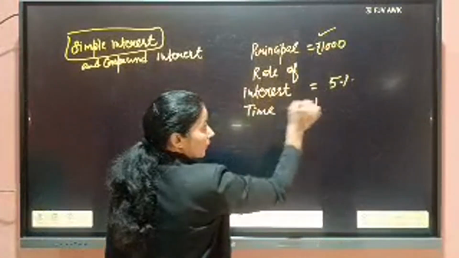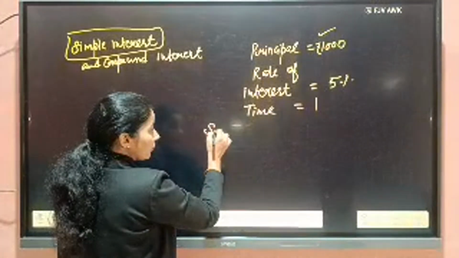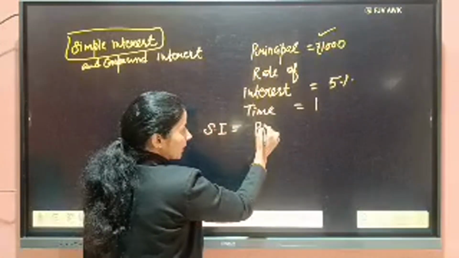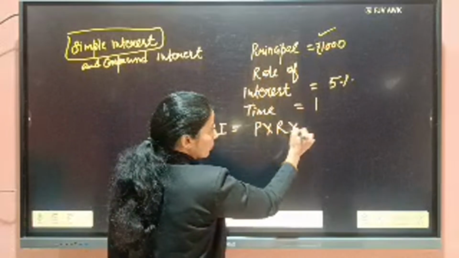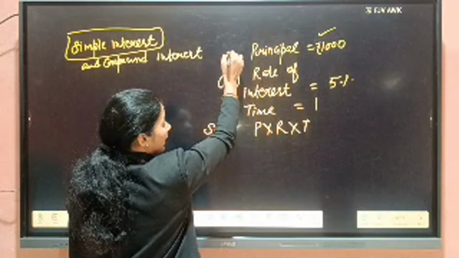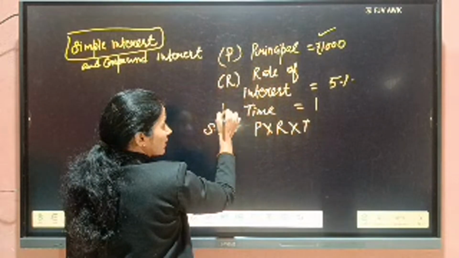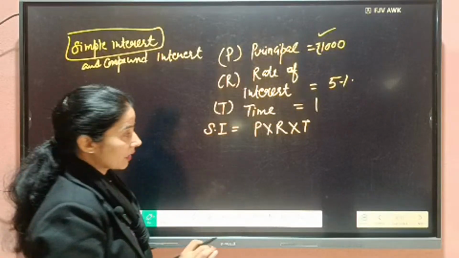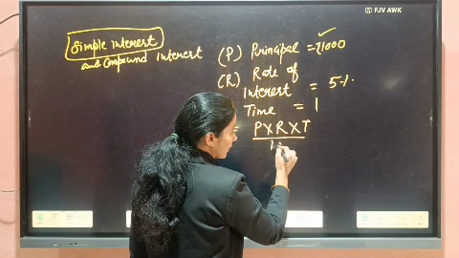It is for 1 year. Now, the formula for calculating simple interest is principal into rate into time. If I denote rate of interest with R, principal with P, and time with T, simple interest will be P into R into T by 100.